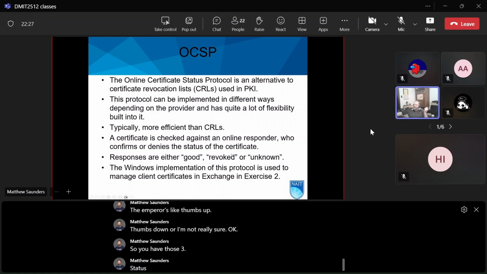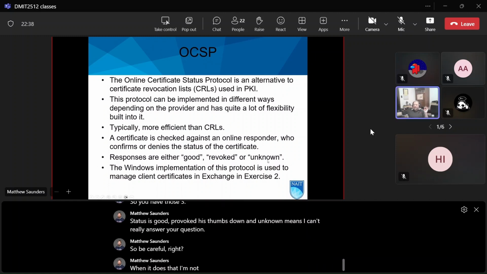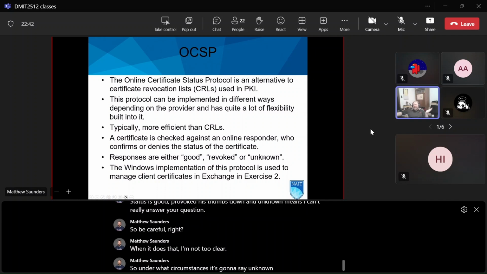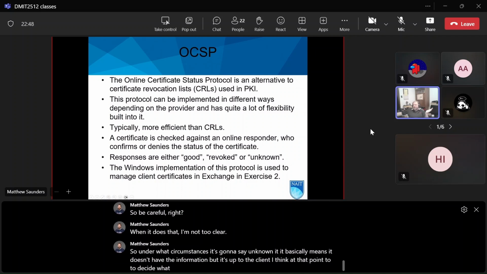Good, revoked is thumbs down, and unknown means I can't really answer your question. So be careful. Under what circumstances is it going to say unknown? It basically means it doesn't have the information, but it's up to the client, I think, at that point to decide what to do.